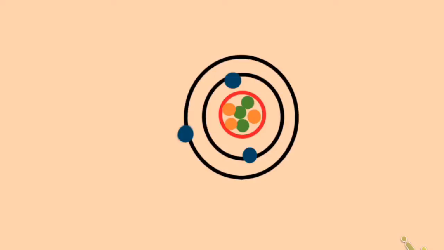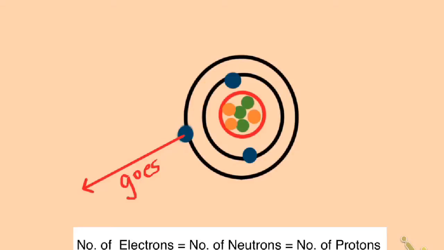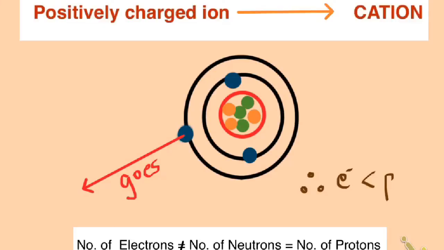As electrons have negative charge, when the atom donates an electron, the atom becomes positively charged because the number of electrons is lesser than the number of protons. Therefore, the atom becomes a positively charged ion, which is called a cation.